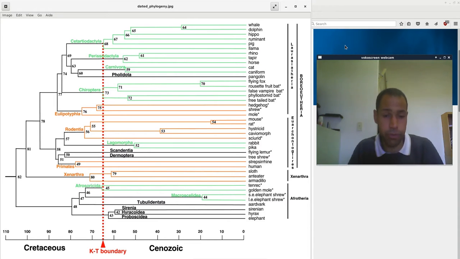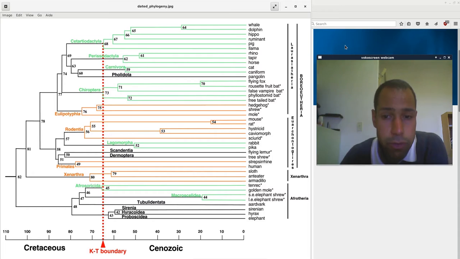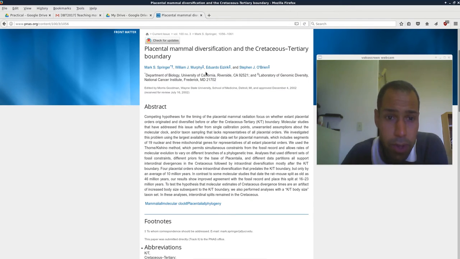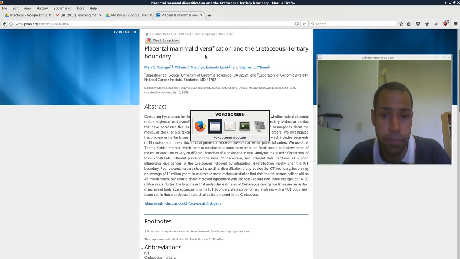So to introduce this question, I chose to show you this picture. It's from a paper published in 2002, Placental Mammal Diversification and the Cretaceous Tertiary Boundary.